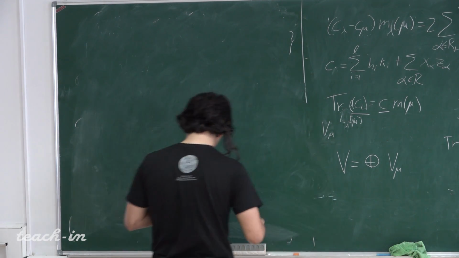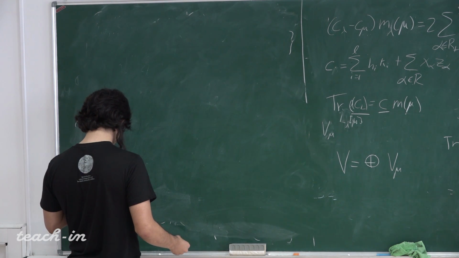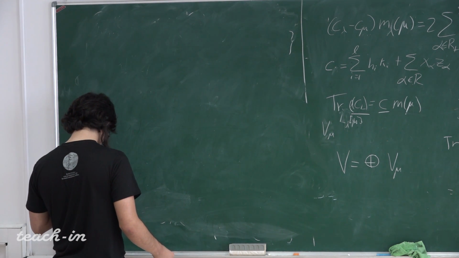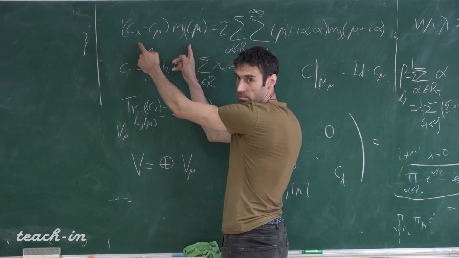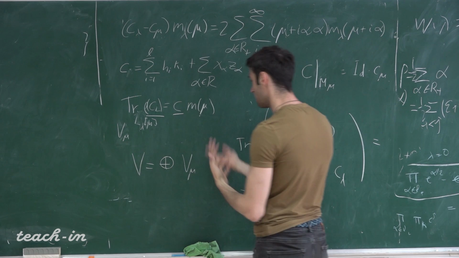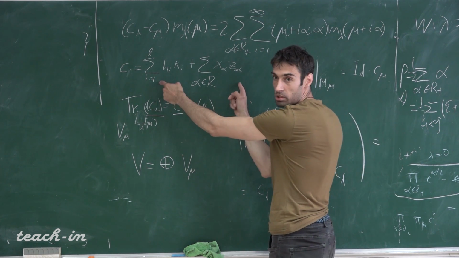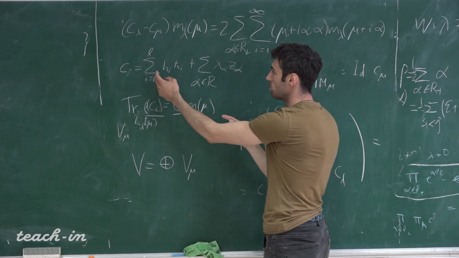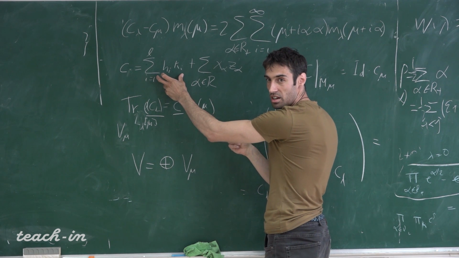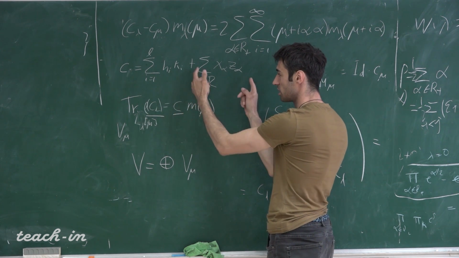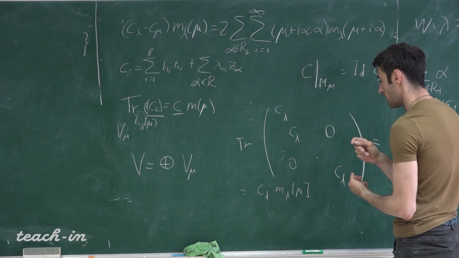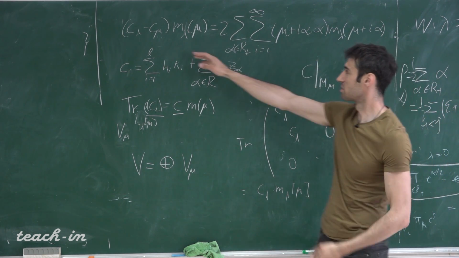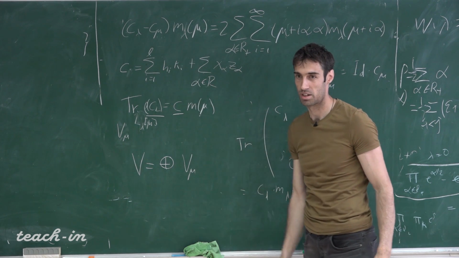Yes, but we need to compute it in two ways. First, knowing that the Casimir times this number is this. It's only this part of this formula. And the other way, using this formula, right? So we're actually computing the trace of this in this representation, plus the trace of this in this representation, and so on. And this will be everything else, including C mu times M lambda mu.